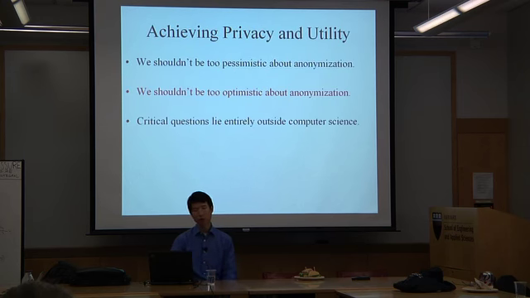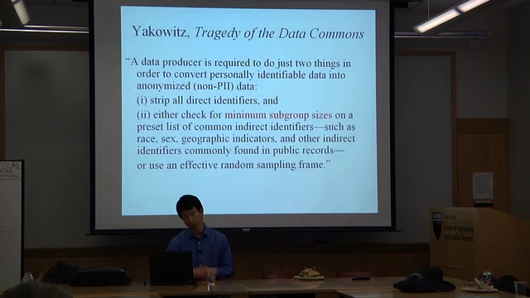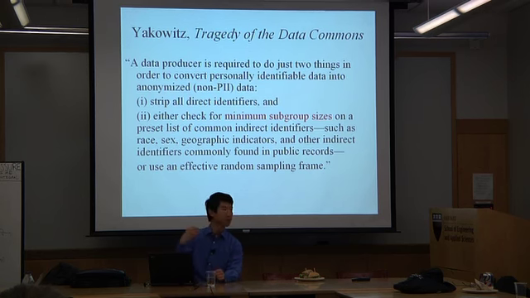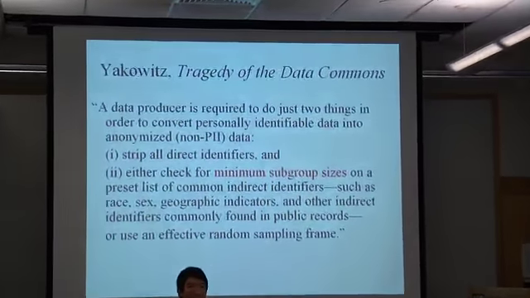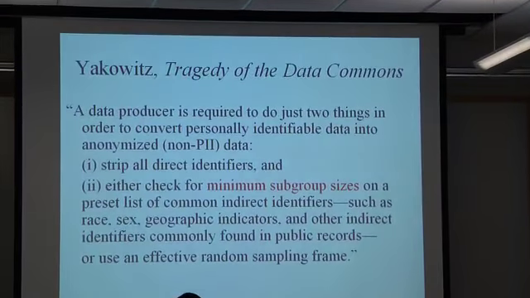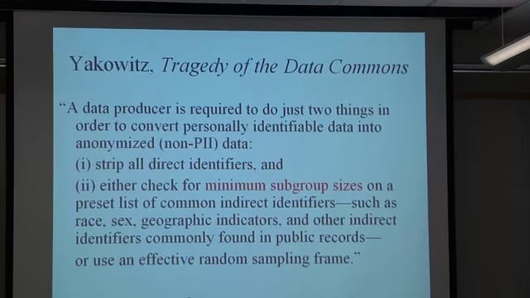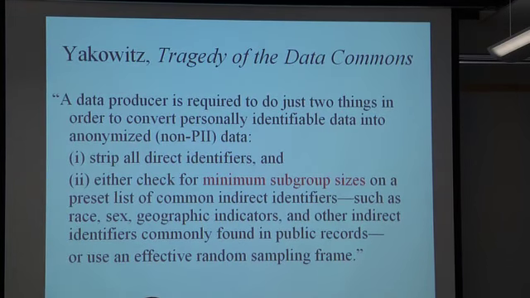On the other hand, we shouldn't be too optimistic about anonymization either. Jane claims that what we can do is simply check for what she calls a minimum subgroup size. In other words, when we release the databases, the equivalence classes that I described before are all sufficiently large that we can, in that sense, supposedly foil an adversary.